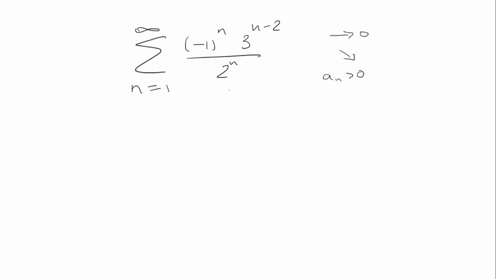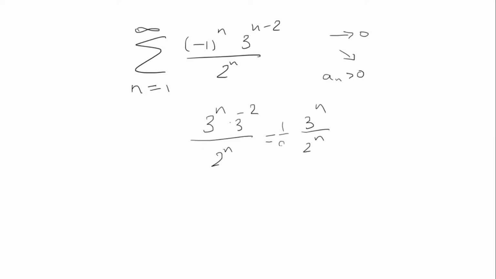Well, this is actually a geometric series. So if I were to ignore the -1 to the n, this is a geometric series, and I'm just going to write it like this. So that would just be 3 to the n over 2 to the n, and then 3 to the -2 goes on the bottom as 3 squared.